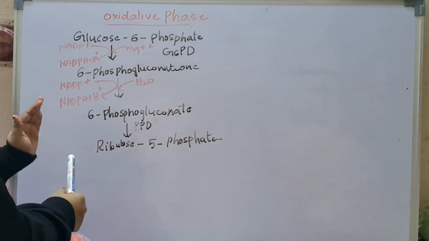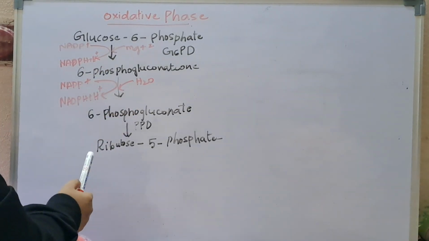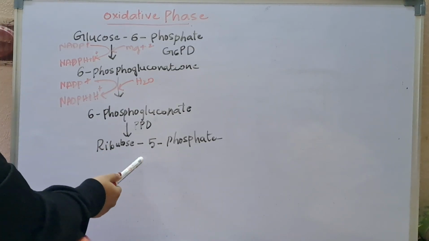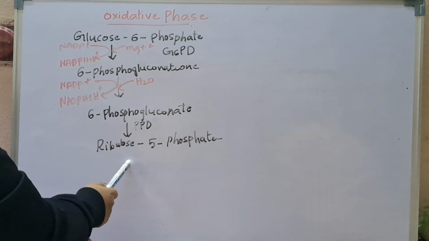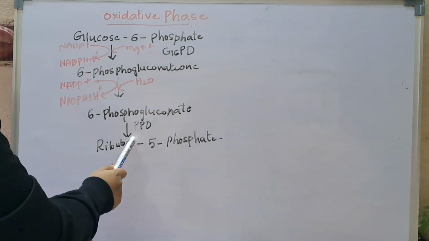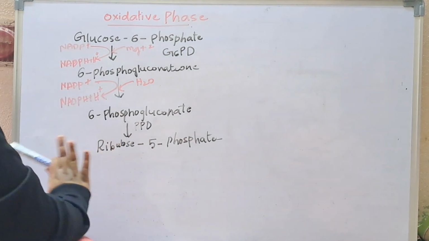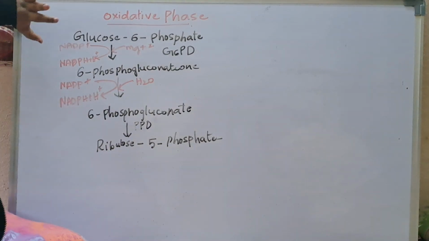Then 6-phosphogluconate is converted into ribulose 5-phosphate with the help of the enzyme phosphogluconate dehydrogenase. Simple.